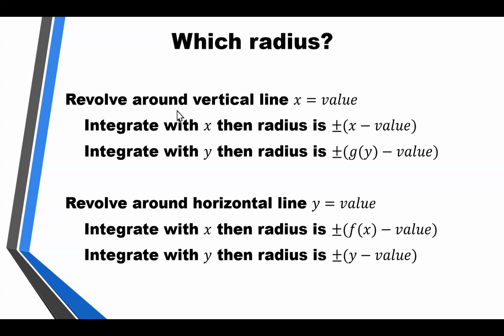Ask yourself, are we revolving around a vertical line? Integrating with respect to x, we're going to get x minus a value. Revolving around a horizontal line, integrating with respect to x gives me my expression minus some value. Again, the value here is whatever the numerical value of the vertical line or the horizontal line is.